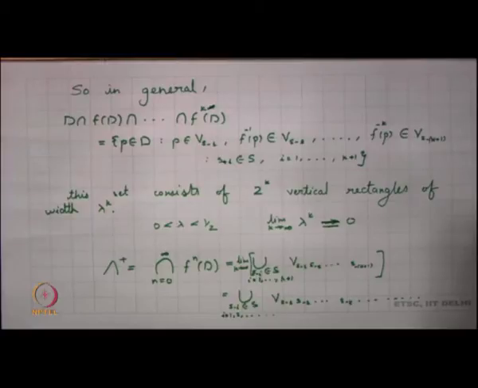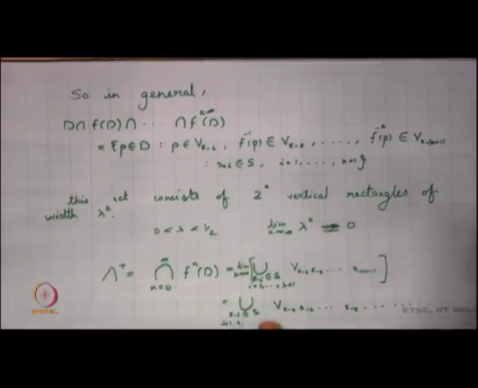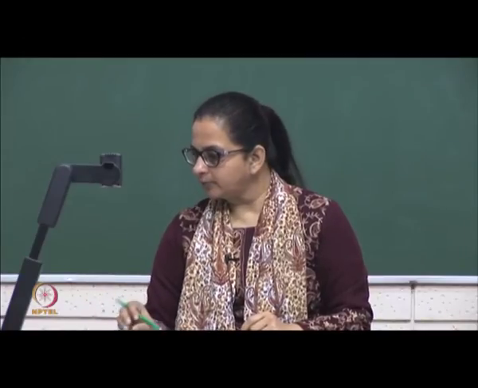So, lambda plus is the union of vertical lines, labeled by a sequence of zeros and ones. This lambda plus consists of infinite vertical lines, and each vertical line is labeled by a sequence of zeros and ones.